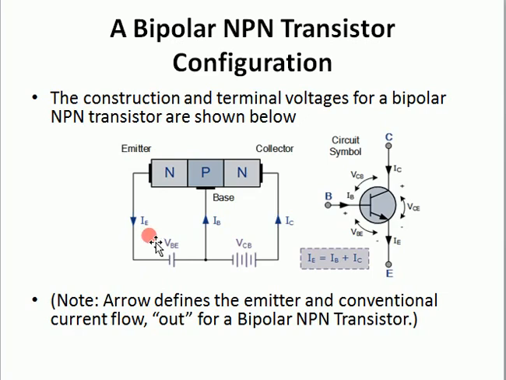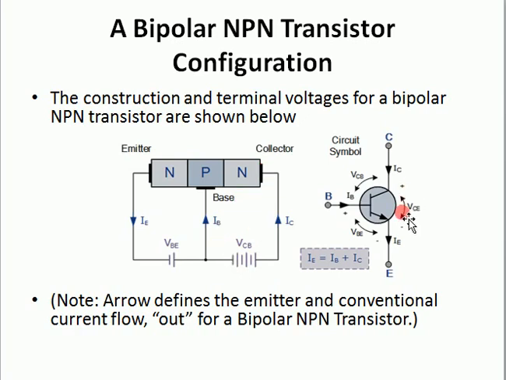That's why we say VBE is equal to 0.7 volt. And the supply present here is between the collector and the base, so it is known as VCB, the voltage between collector and base.